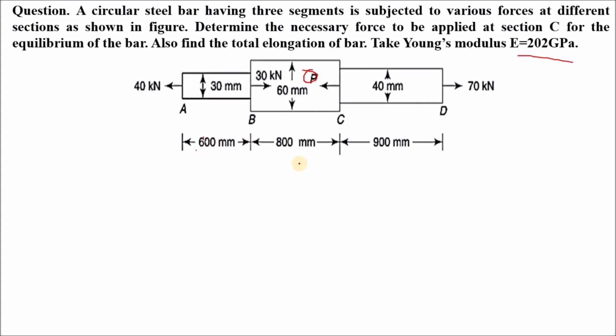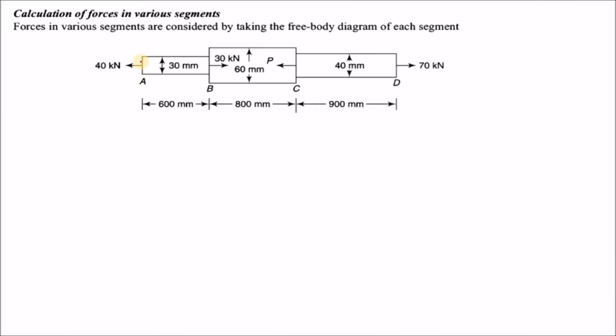First way, summation of Fx equal to 0. With this equation we can find it. Second way, we can find it by making equilibrium of all segments. In this problem, we should start solving from this side because both loads are known.